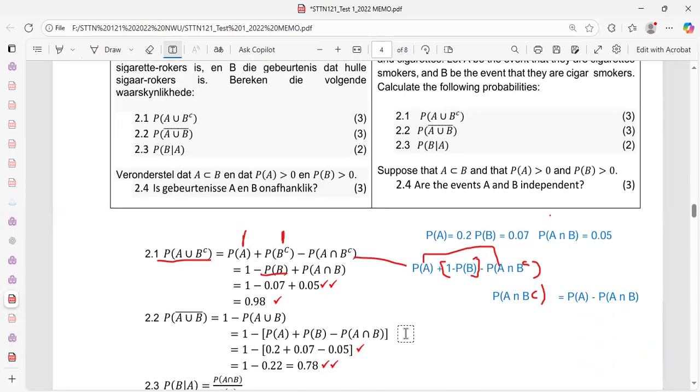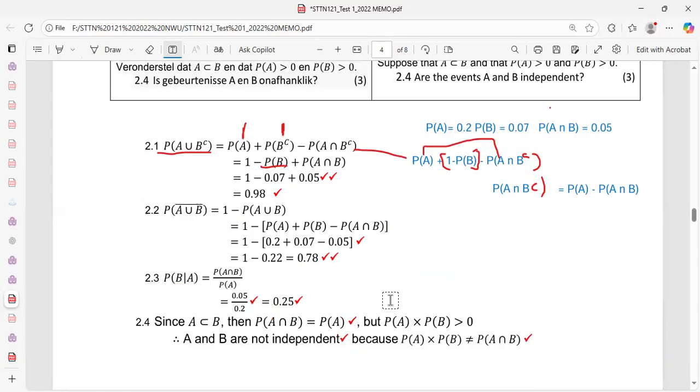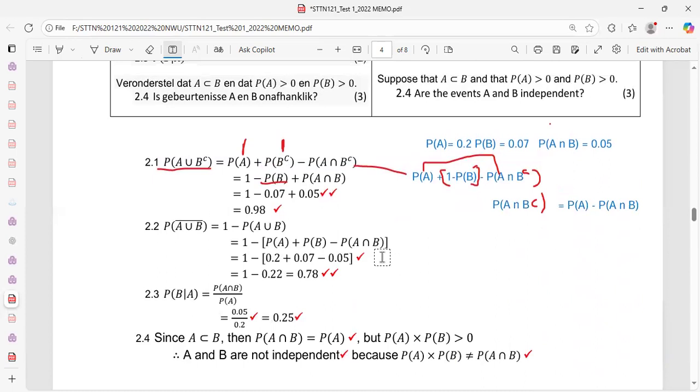Now let's put this whole thing together. When you put this whole thing together, you will get the probability of what? It's going to be the probability of A. Remember now we are expanding the whole thing.